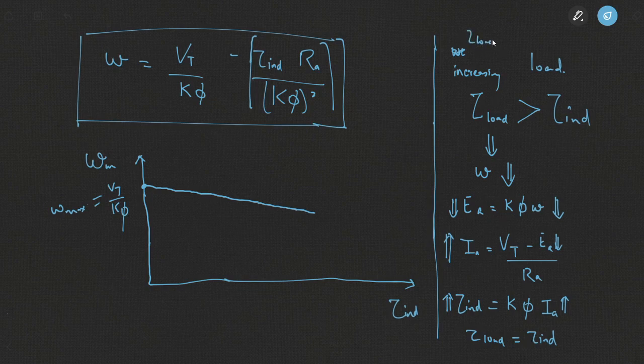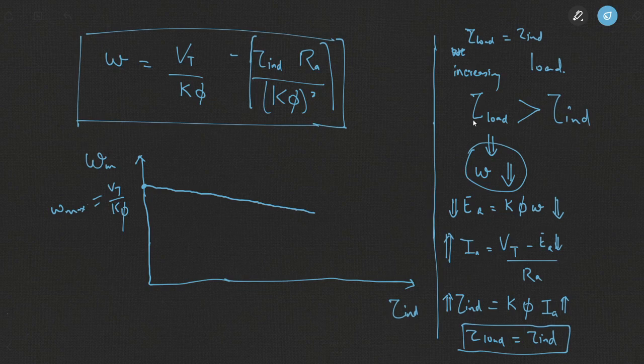Torque load was equal to torque induced. But then we suddenly increase the load, and then basically this phenomenon takes place. So torque load now becomes again equal to the induced torque, but at what cost? At the cost of reduced speed.